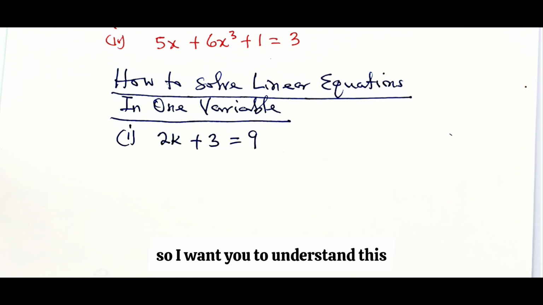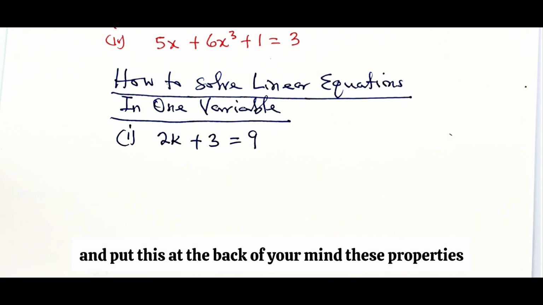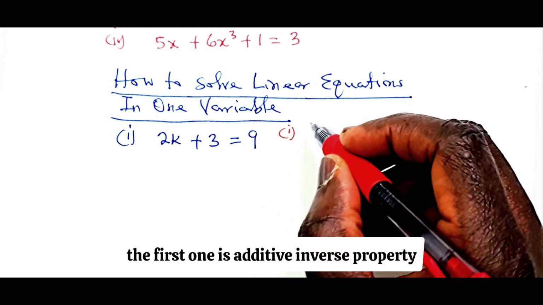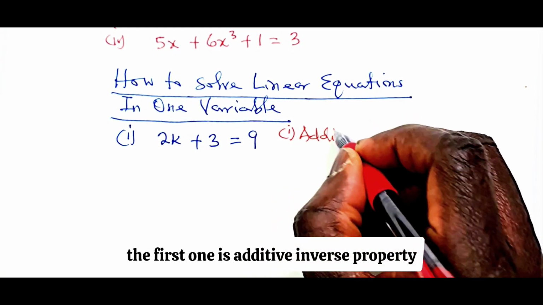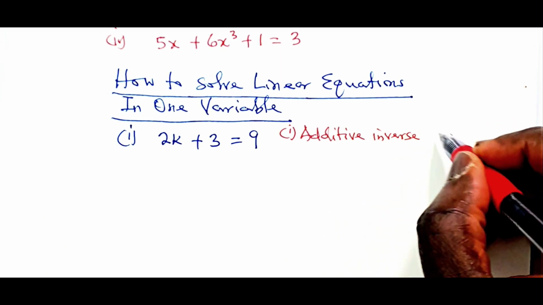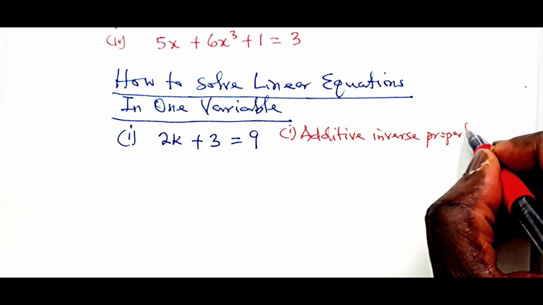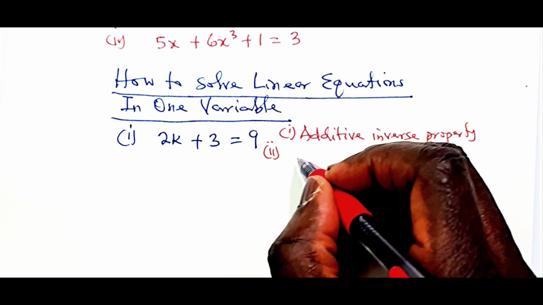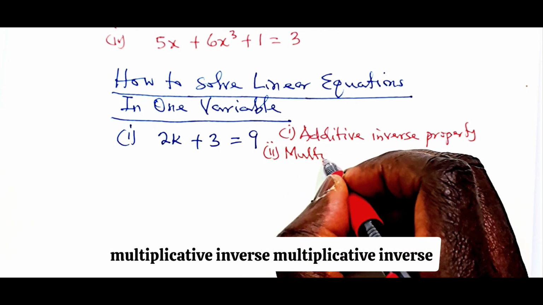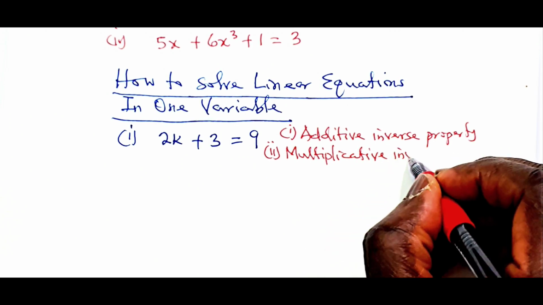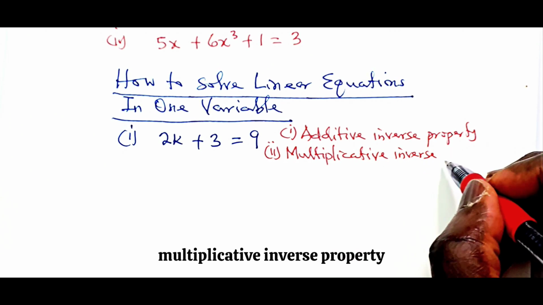I want you to understand this and put these properties at the back of your mind. The first one is the additive inverse property. The second one is the multiplicative inverse property.